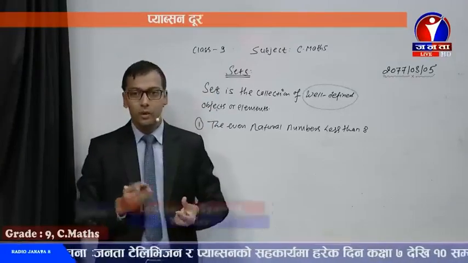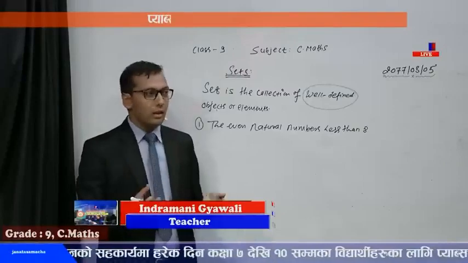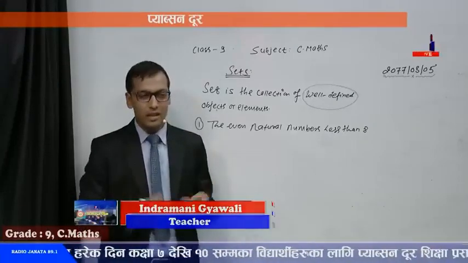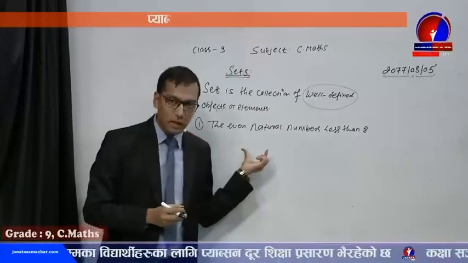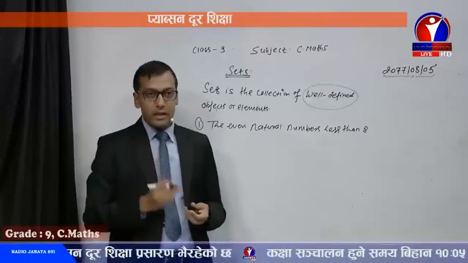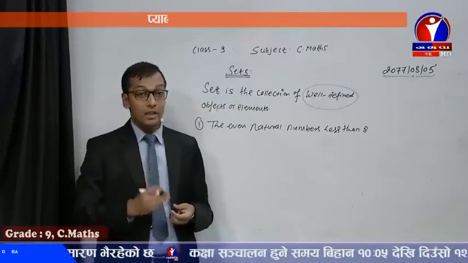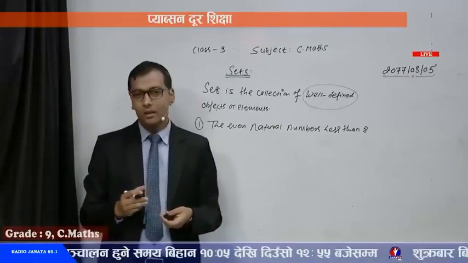This is the first example I am taking here. There are other examples, we can take lots of examples. You also can recall from your course book, you have learnt in lower classes what can be the examples of a set.